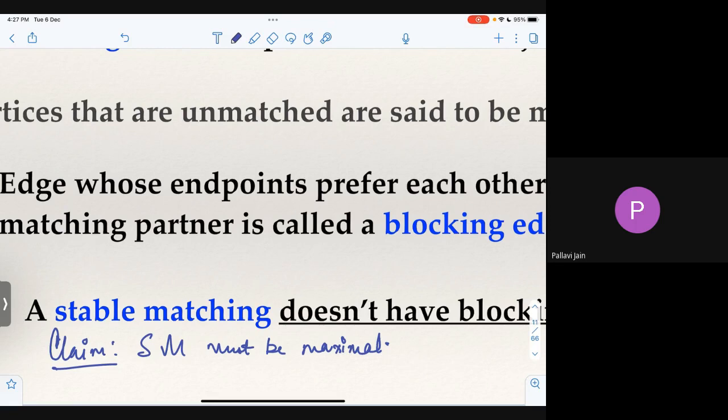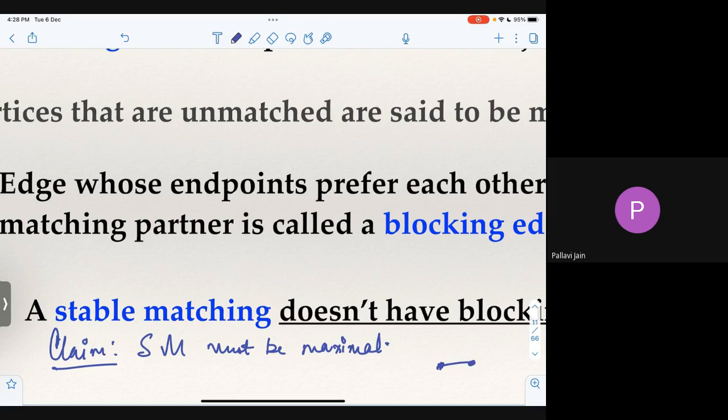What is a non-maximal matching? But just because an edge is not matched doesn't mean the two endpoints are not matched to somebody else. What is the definition of maximal matching? There cannot be an edge whose two endpoints are unsaturated.